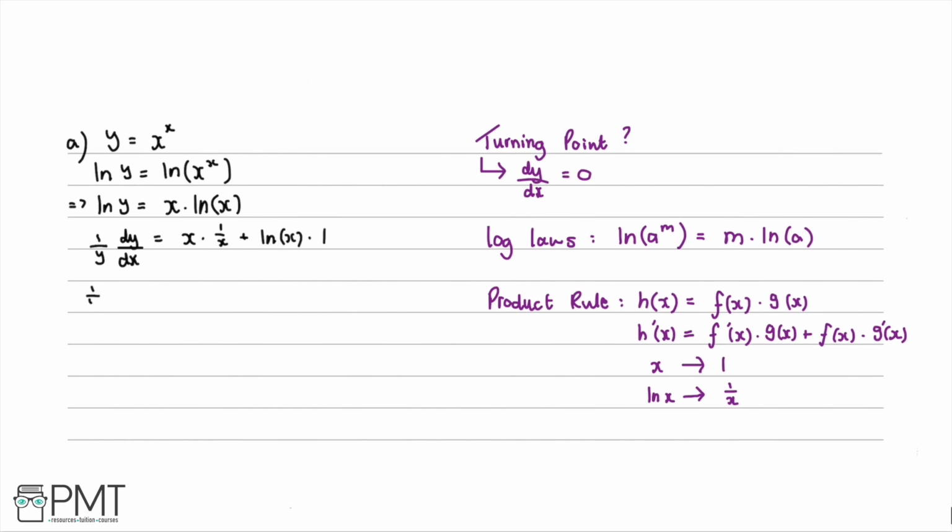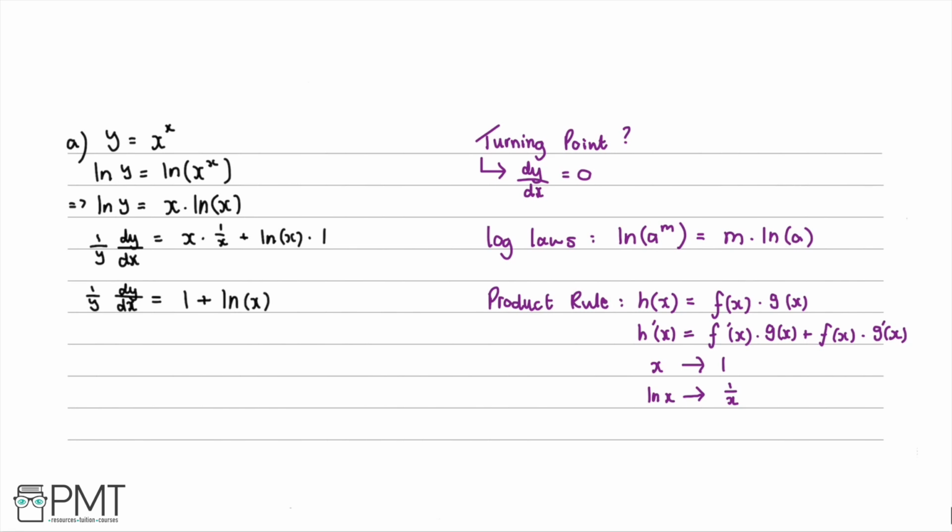So tidying this up, we'll have that 1 over y dy by dx is going to be equal to x multiplied by 1 over x, so those x's cancel out, so that will be equal to 1, and then we will have plus 1 multiple of ln of x, which is ln of x.